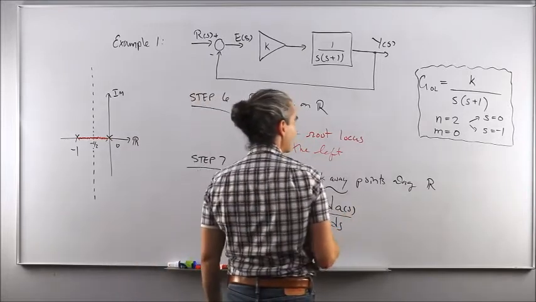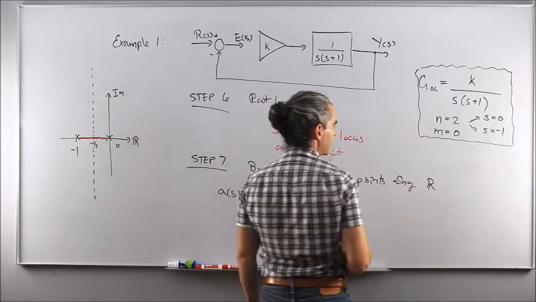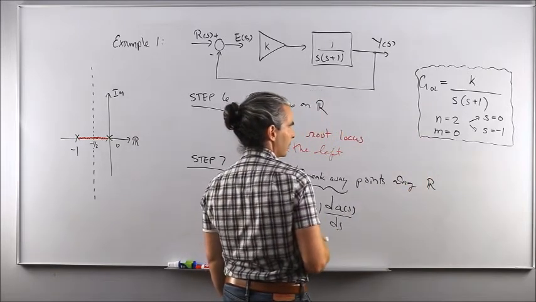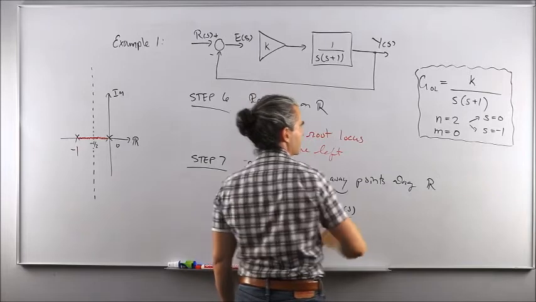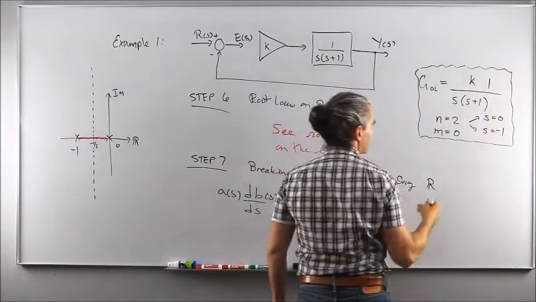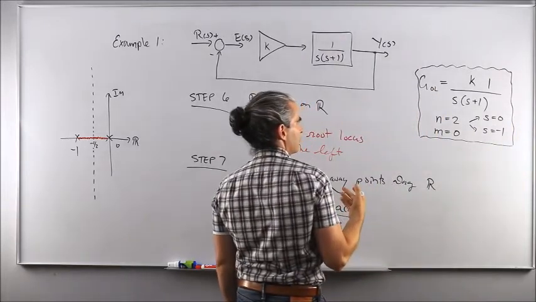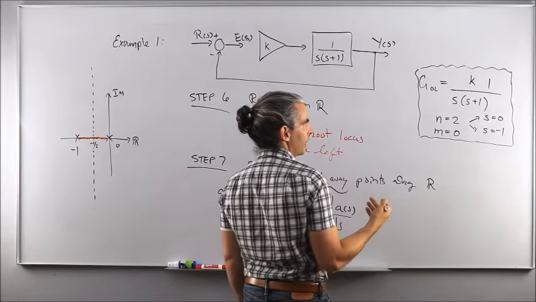What is my A? A was the numerator related to the zeros, okay? So without essentially this gain value K, which is static gain, which doesn't have a predefined value yet, okay?